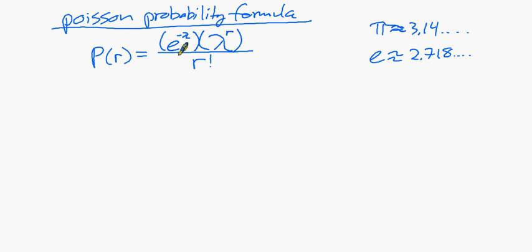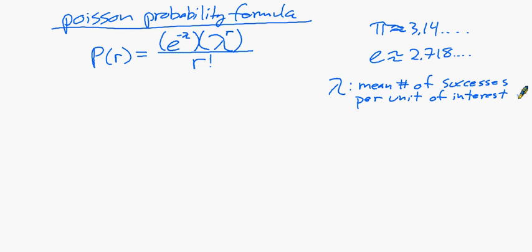It's a static number. Now this lambda, all right, this takes a little bit more discussion. It's a little wordy, but lambda is the mean number of successes per unit of interest. In this case, what is our unit of interest?